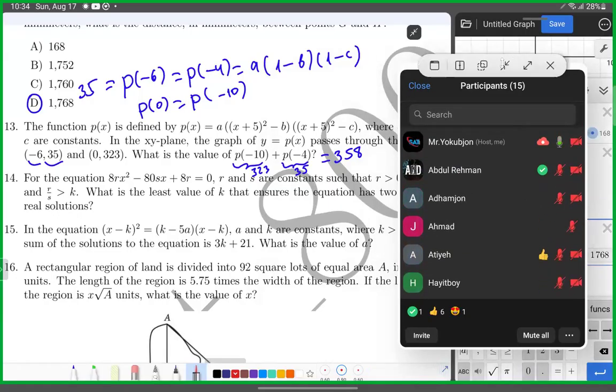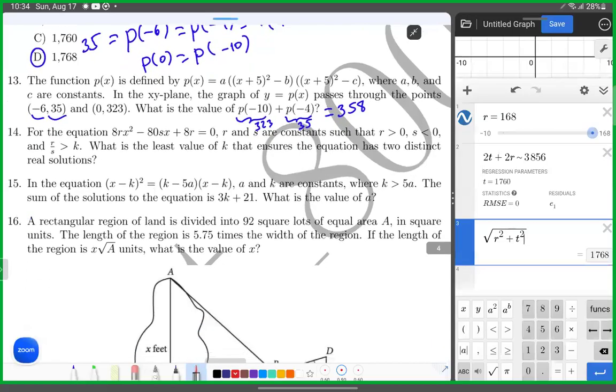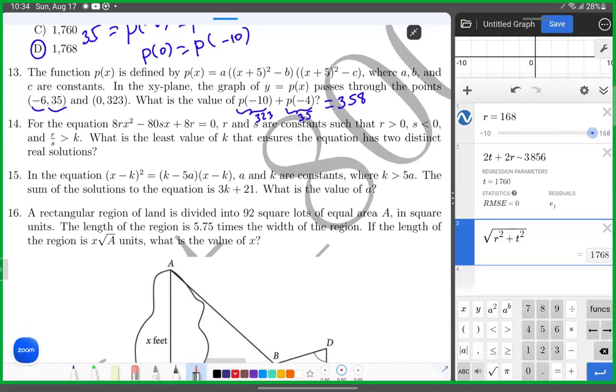Okay, let's continue. The next question is about this value, when you are given a function and r and s are divided, with s greater than k. It's one of the experimental questions. So how do we approach this question?